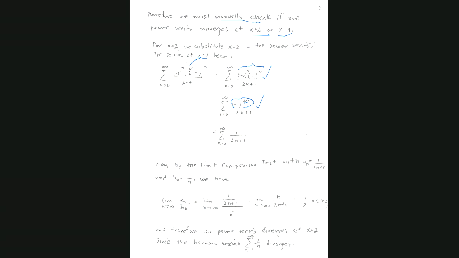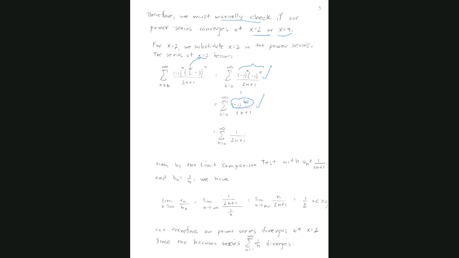And any negative number raised to an even power is going to be positive. So negative 1 when n is 0, negative 1 to the 2 times 0th power, that's negative 1 to the 0, that's 1. When n is 1, 2 times 1 is 2, negative 1 squared is 1. When n is 2, 2 times 2 is 4, negative 1 to the 4th power is 1. So this series reduces to this.